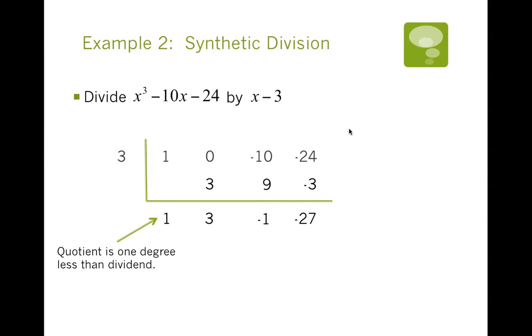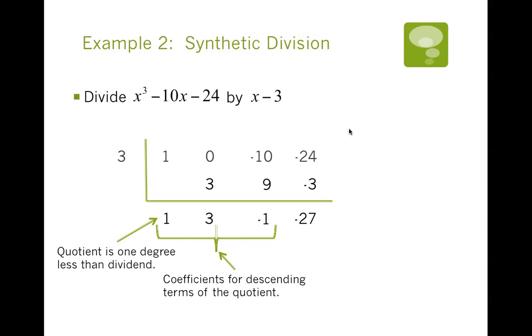So the last row is giving us our quotient, which is 1 degree less than the dividend we started with. So in this case, our dividend was an x cubed. That means our quotient is going to be an x squared. It's 1 degree less. The numbers, all except for the last number, give us the coefficients of the descending terms of the quotient.